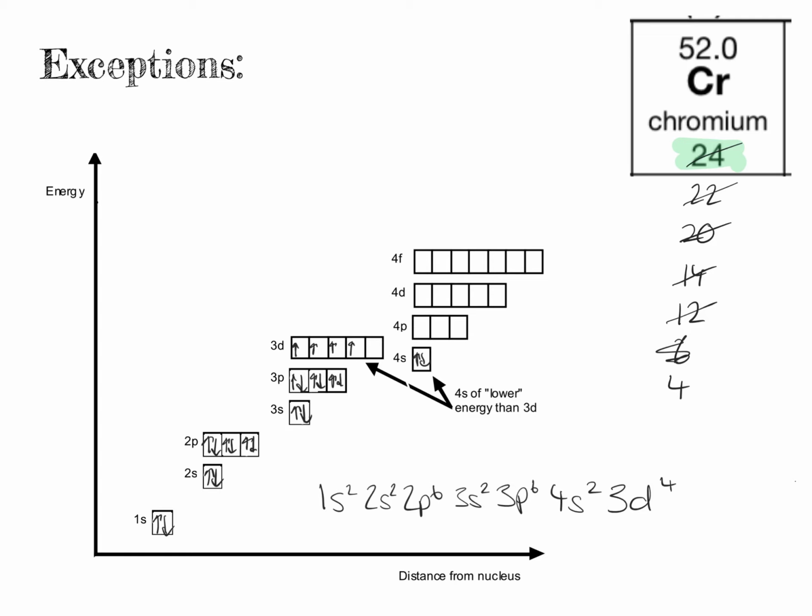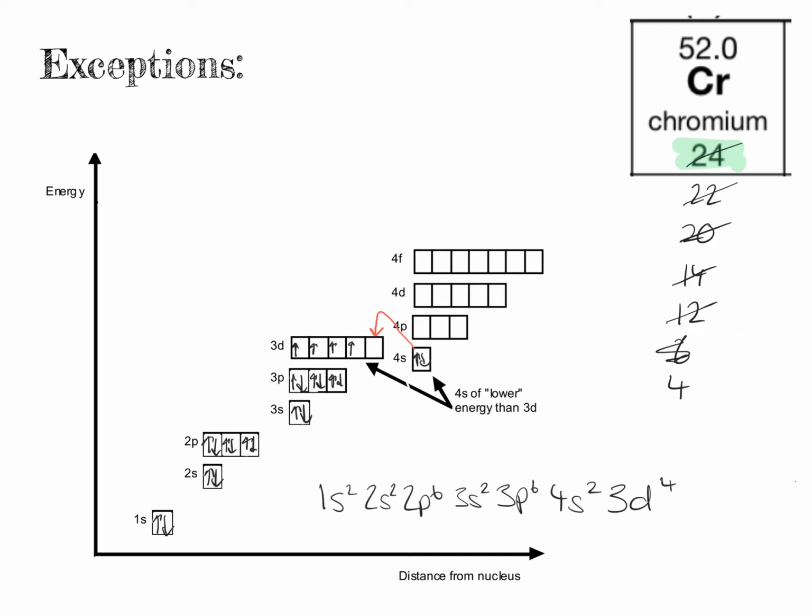So the same thing happens again as happened with copper. One of the electrons that would be in 4s moves into the 3d sublevel so that we can half-fill the 4s and the 3d, rather than completely fill 4s and leave 3d with a random number of electrons in it. It's much better to have both of them half-filled.